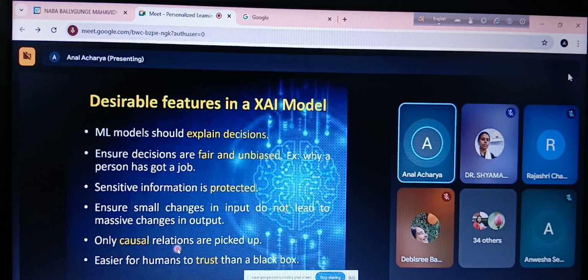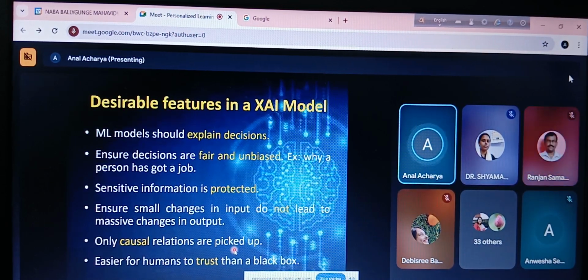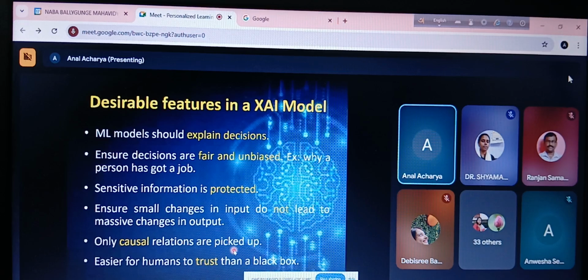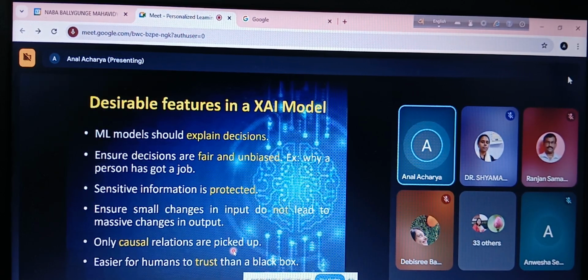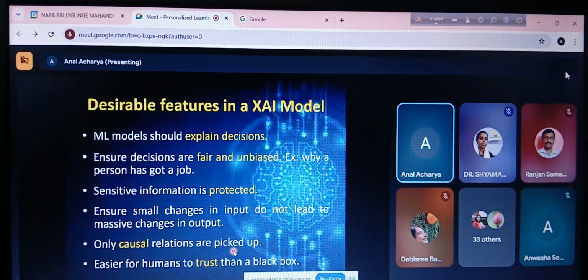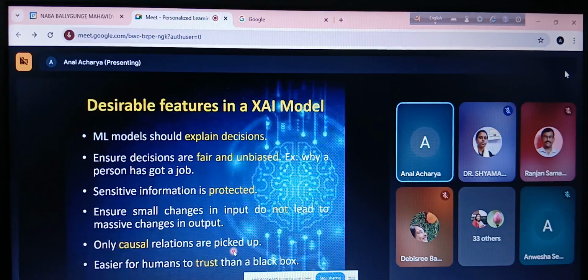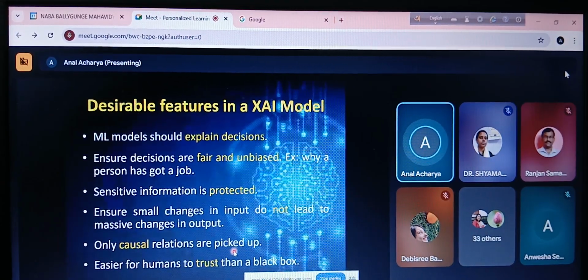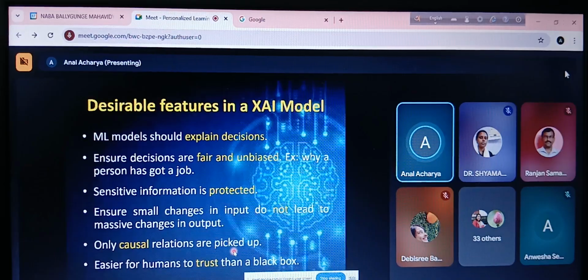The causal relations should be picked up. Only causal relations. What is a causal relation? Causal relation means when something occurs due to a certain cause. As an example, I have written x equal to 1, y equal to 2. So what is the cause behind that? The cause behind that is the relationship y equal to 2x.